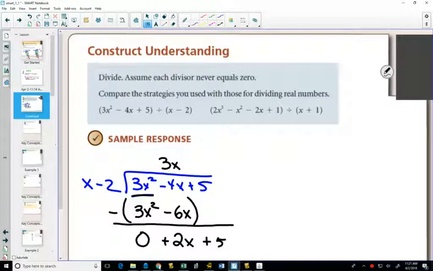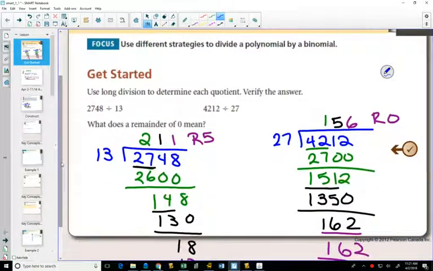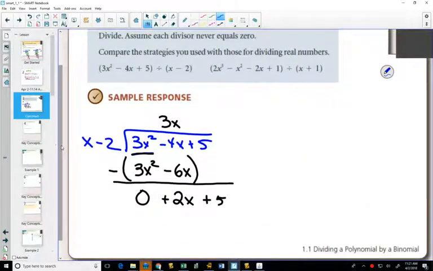And just like we did with our long division, right? In our first example, now we looked at 148 and said, what's the biggest from left to right? There's a 14. There's one 13 that goes into 14. With our example, we now look from left to right and say, what's the biggest value? It's a 2x.